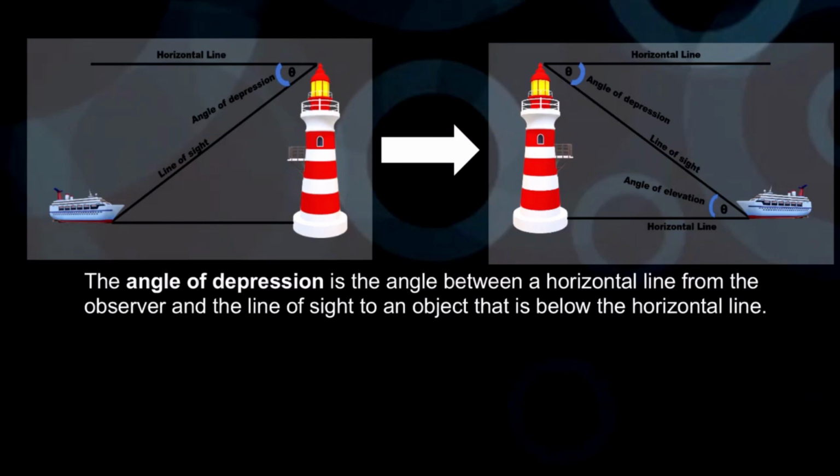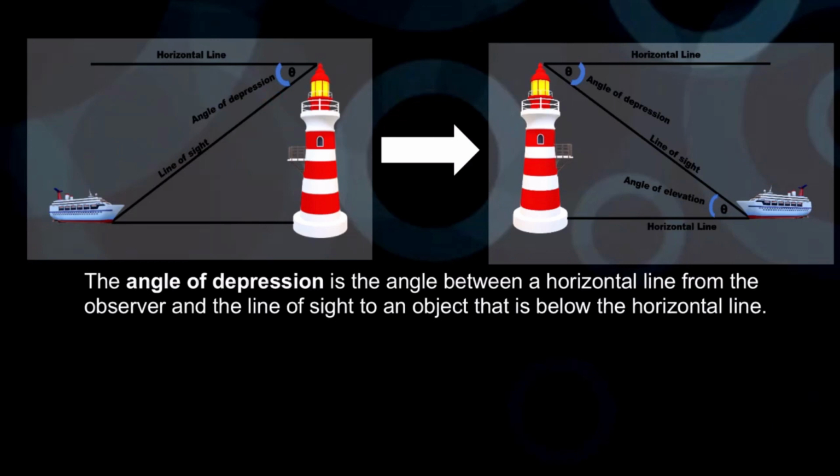Now, tignan po natin yung nasa kaliwang image, which is the lighthouse. This is the horizontal line and this is the line of sight papunta sa barko. Sabihin po yung observer natin is nandito sa may taas ng ating lighthouse. And then, tinitignan niya is the barko. Ang nakikreate po na angle between the horizontal line and the line of sight called the angle of depression.